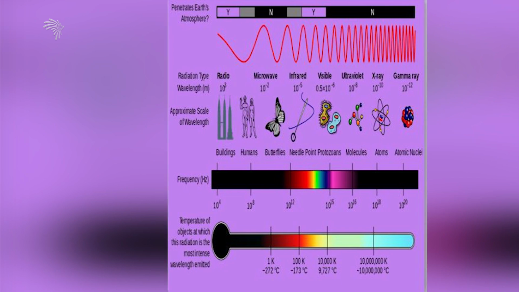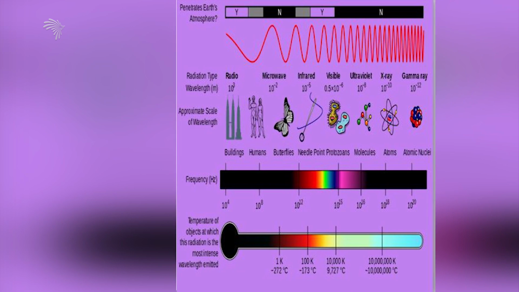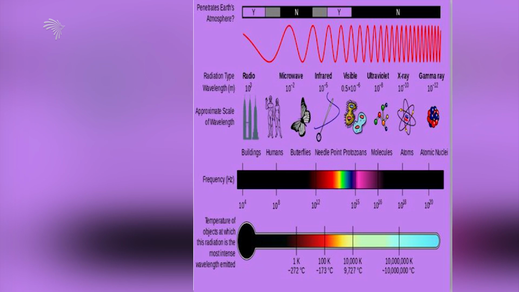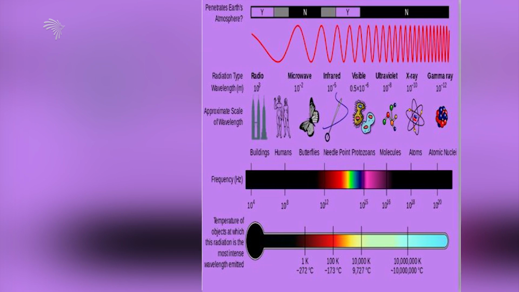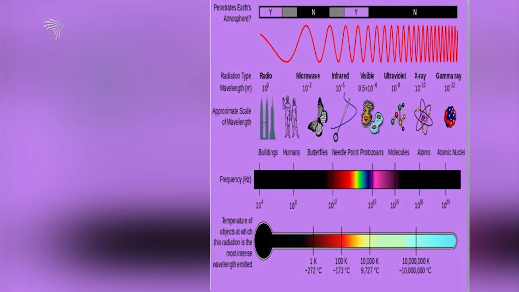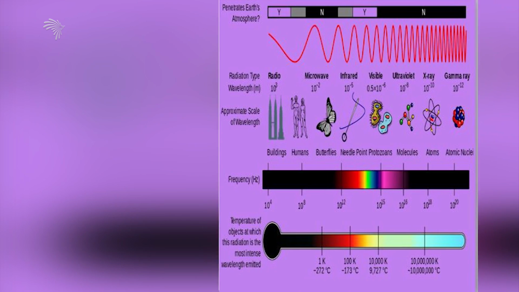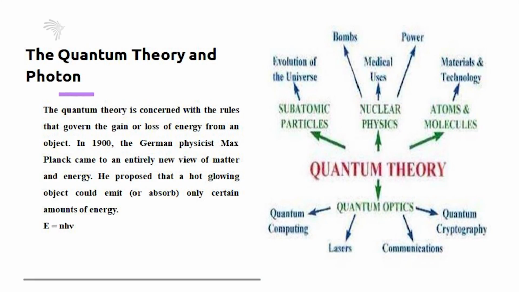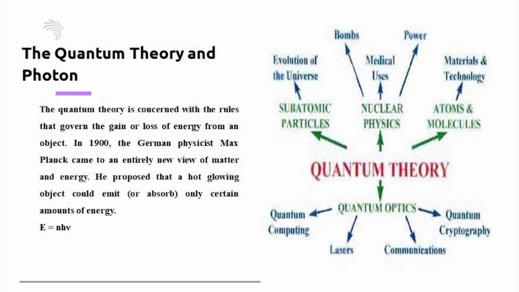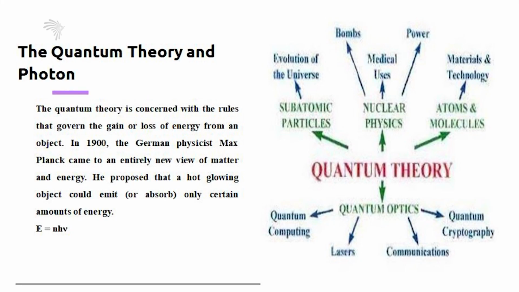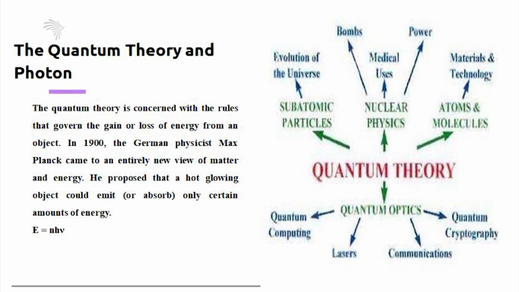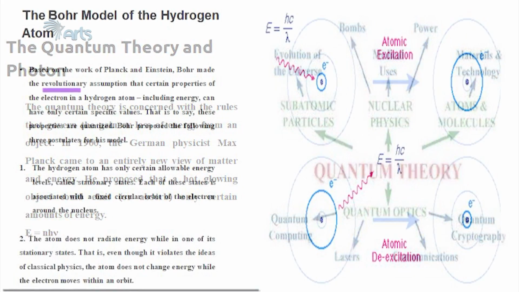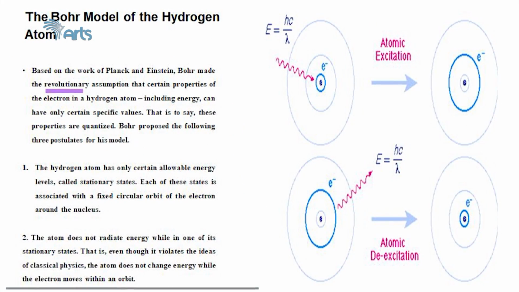The energy levels are also known as shells and are designated by the letters K, L, M, N till Q. The K shell is the first energy level, the L shell is the second energy level, and so on. Thus far we've seen two important models: the quantum mechanical model and Bohr's model.